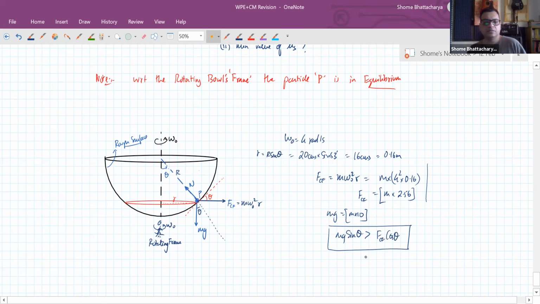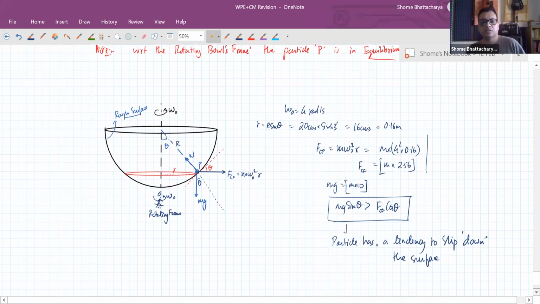And theta is anyway such that sine theta is greater than cos theta. Okay. So the particle has a tendency to slip down the surface because mg sine theta will be dominating.